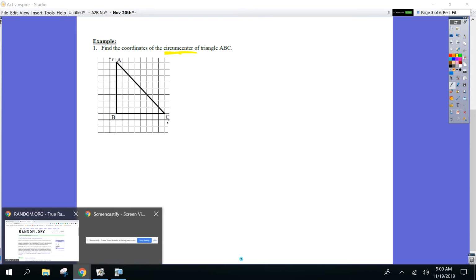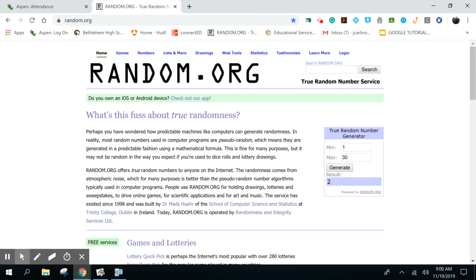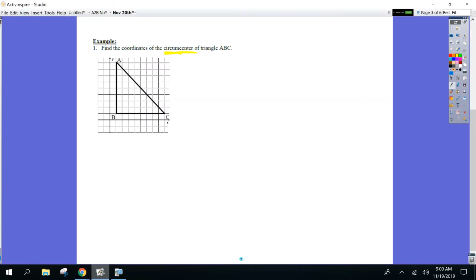That's where all three what lines should intersect? So I'm thinking, all right, I need to draw the perpendicular bisectors for all three sides.